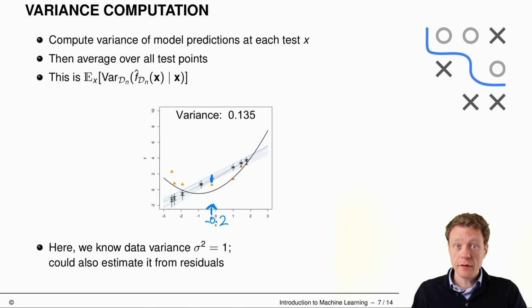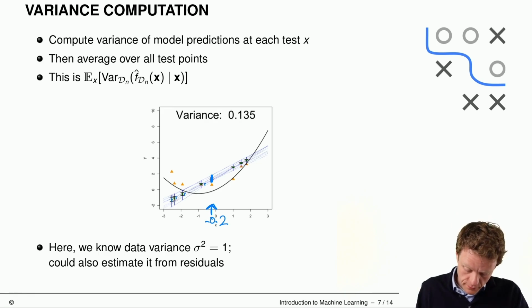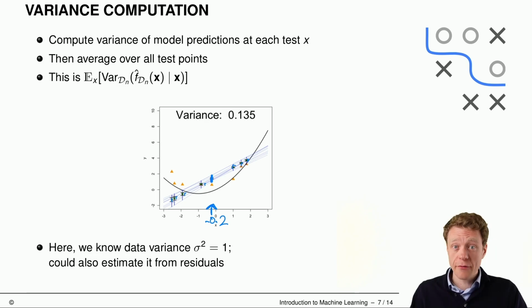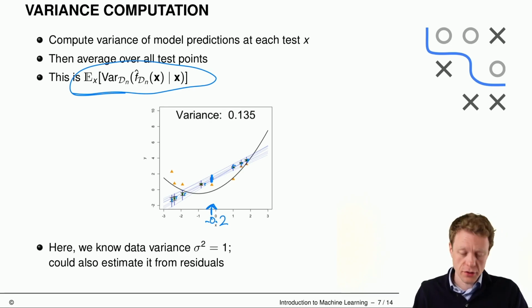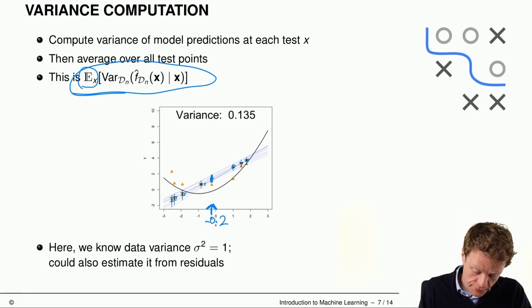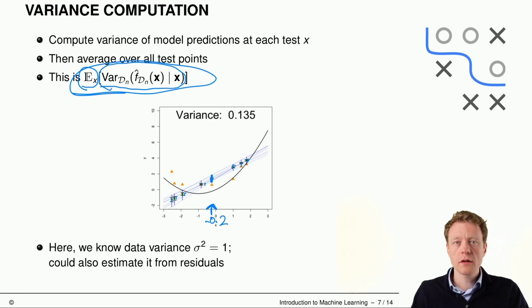And we can compute the variance here. That's some value. And we do this for all the 8 orange triangle test data point locations. Here, here, here. And then we average over these 8 test points. And this is then an estimation of that expectation, because it's the expectation over the feature space of the variance of these models, variance over the different bootstrap samples.